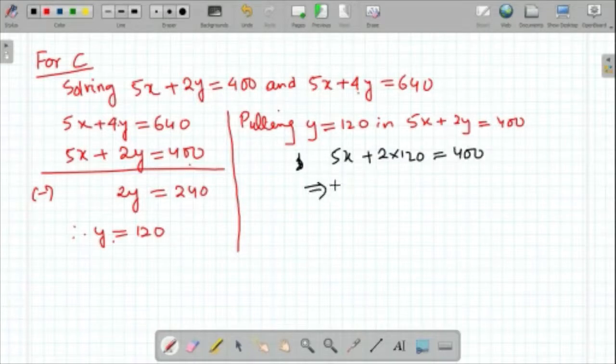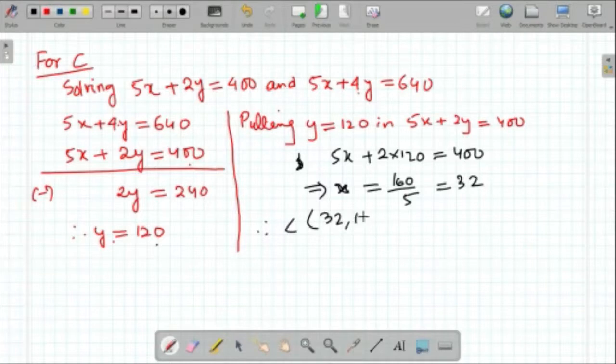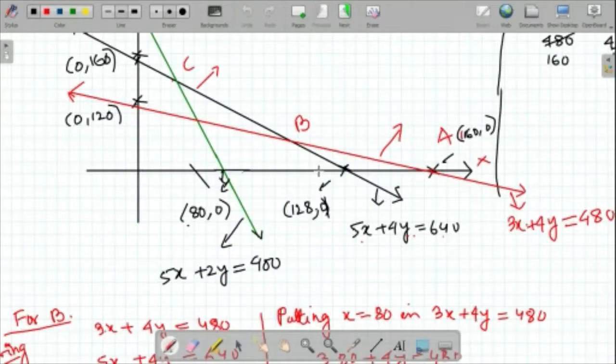Now if you solve this equation, what is the value of x? See, 400 minus 240 will be 160, right? So 160 divided by 5 will give you 32. So my coordinate of C is going to be: x coordinate is 32, y coordinate is 120, right?